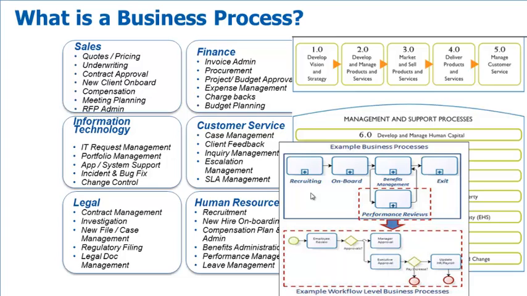And if we were to drill into those processes, we would then see the specific tasks and activities at the workflow or procedural level that we perform. So when we talk about process and process frameworks, this is really what we're talking about, and this is a more formalized way to define processes within an organization.